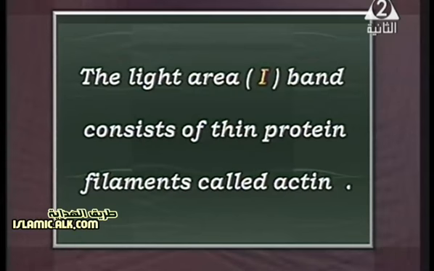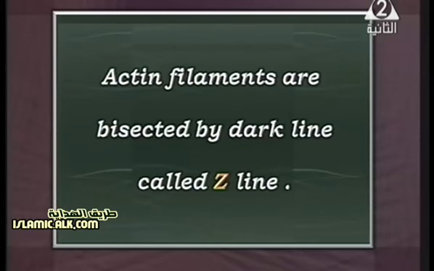The light areas are called I bands, consisting of thin protein filaments called actin. The actin filament is bisected by a dark line called the Z line. So the light I bands are bisected by the Z line.